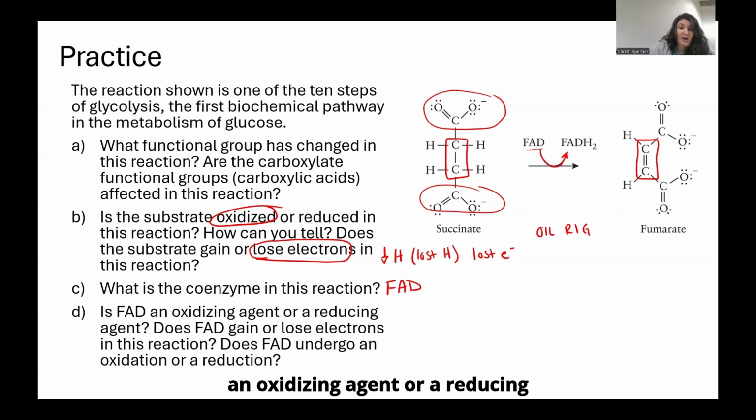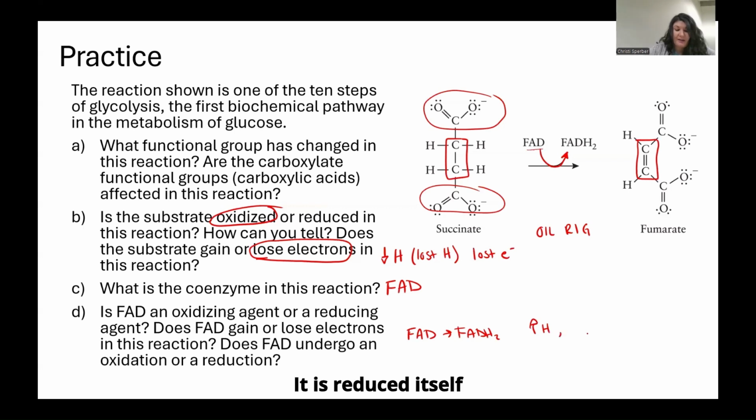Is FAD an oxidizing agent or a reducing agent? So because FAD goes to FADH2, it increases the number of hydrogens. It is reduced itself, and whatever is reduced means it is an oxidizing agent.